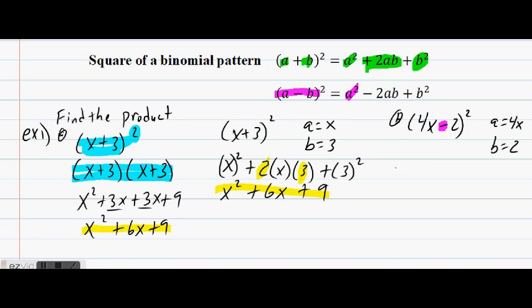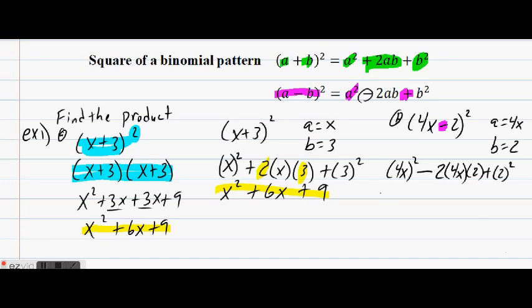Sorry, I'll run out of room here. 4x squared minus, you see the minus here, so minus 2 times whatever a is, 4x, b is 2, plus, don't mess that up, plus 2 squared.